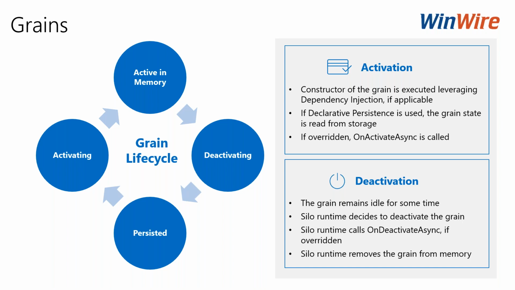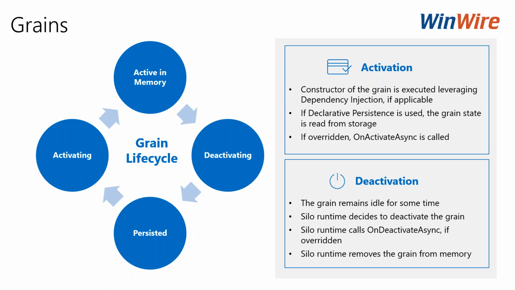And then there is persistence. Now, if you are using a stateful grain, which means that the state has to be persisted, it has to remember what its state was when it was destroyed, and then when you get it back again, you get the same state. So for that purpose, you save the grain state on a persistent storage, and we'll see what are the different options available for that.